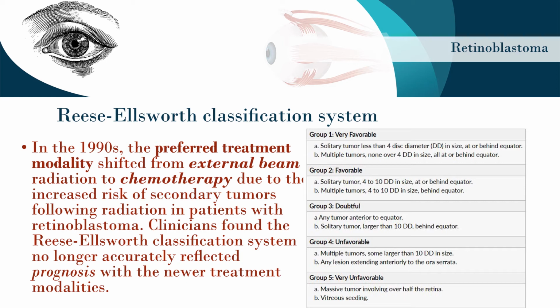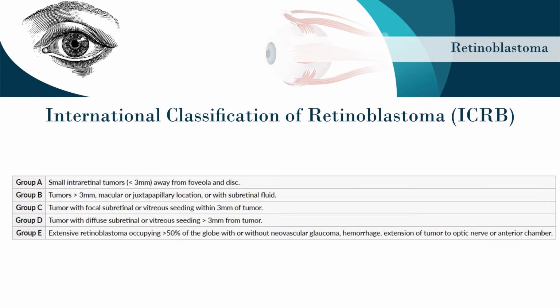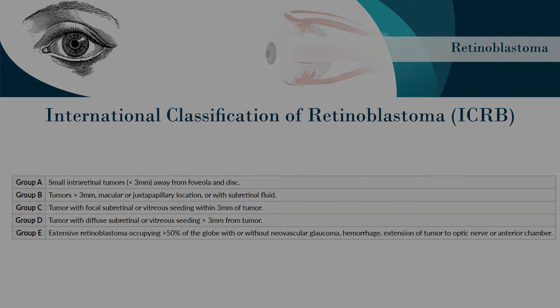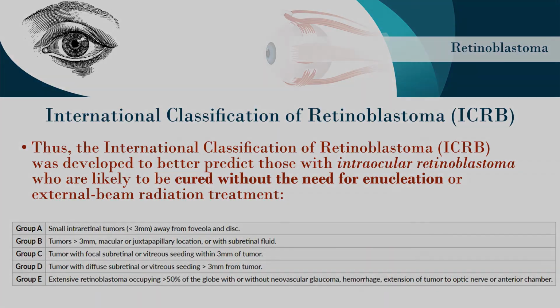The clinicians found the Reese-Ellsworth classification system no longer accurately reflected prognosis with the newer treatment modalities. Thus, the International Classification of Retinoblastoma was developed to better predict those with intraocular retinoblastoma who are likely to be cured without the need for enucleation or external beam radiation.